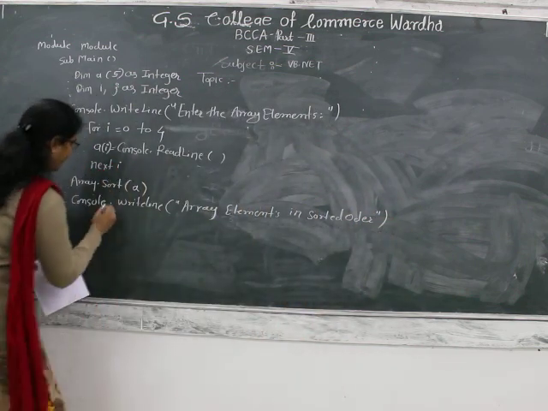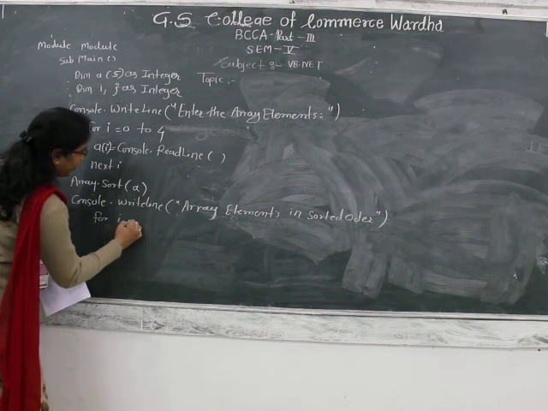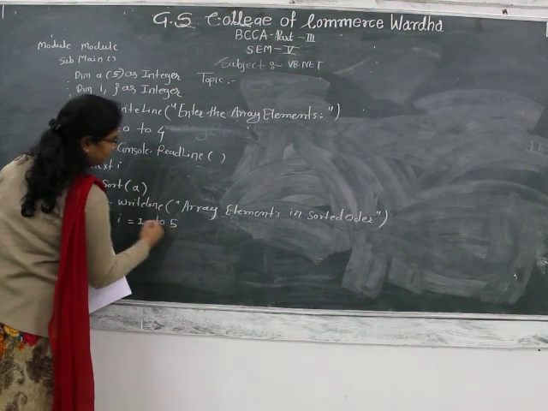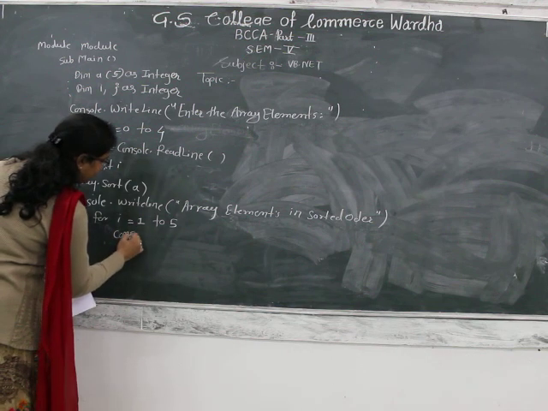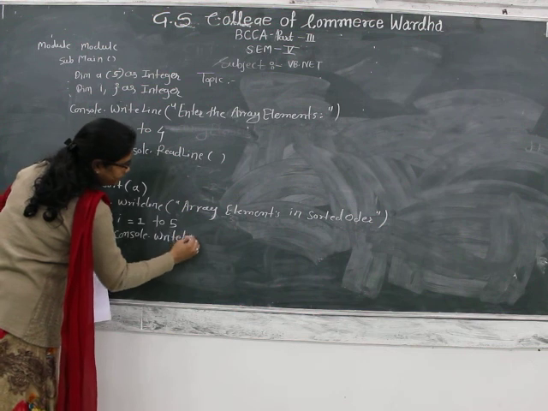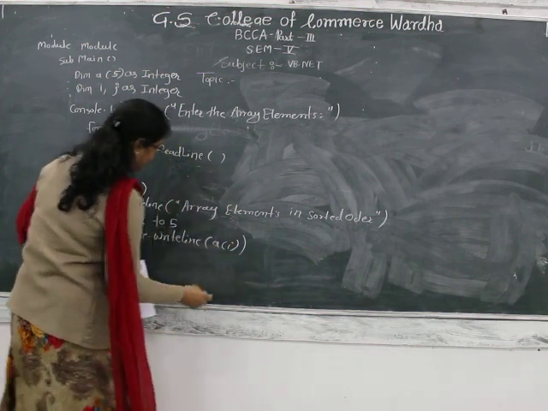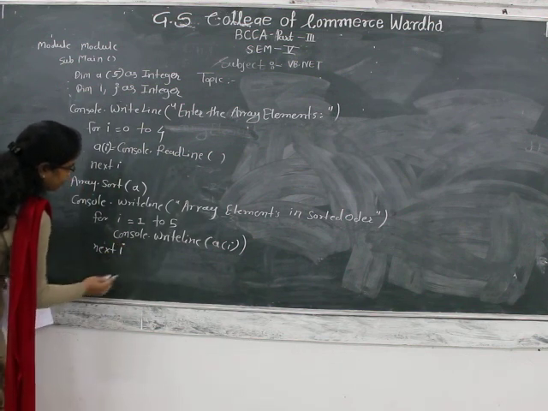Now I am writing the code for printing the array elements. Here I am starting from 1, up to 5. So Console.WriteLine(A(I)), then Next I.